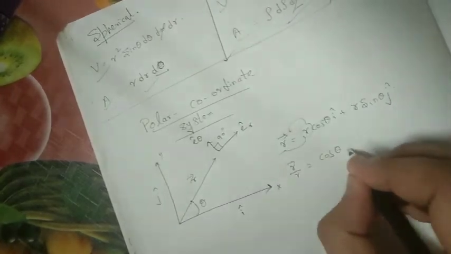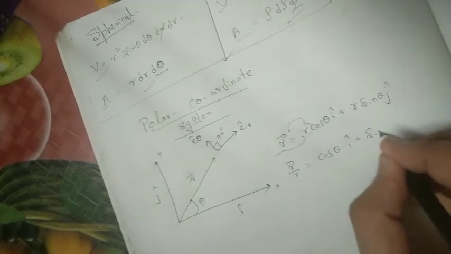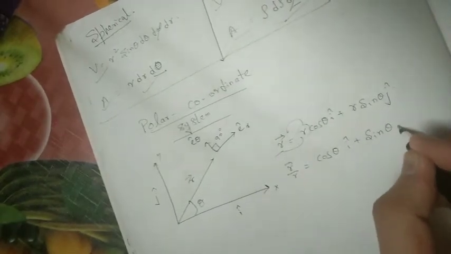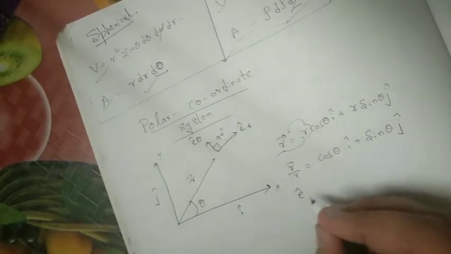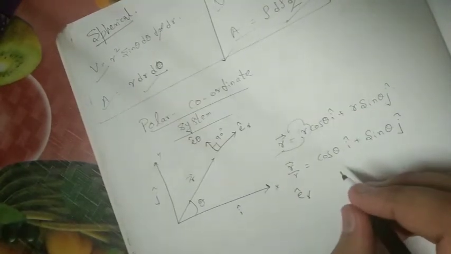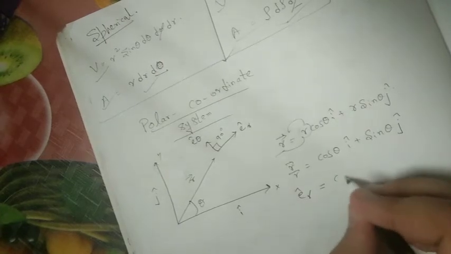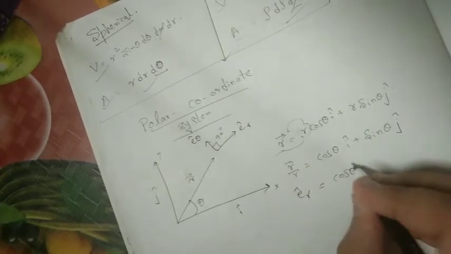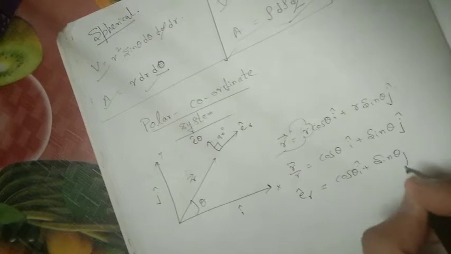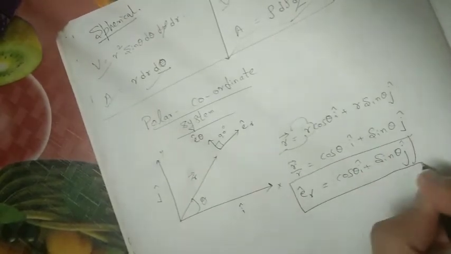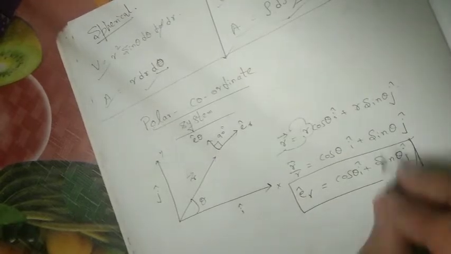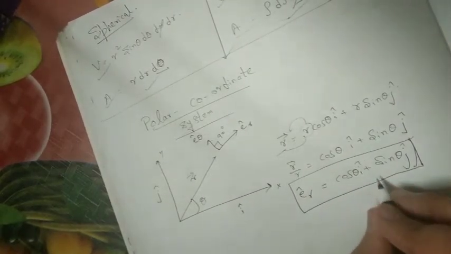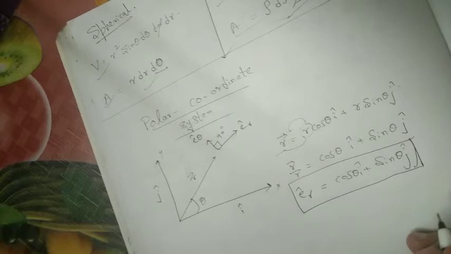So this is cosine of theta i cap plus sine of theta j cap. It is e cap r. So we can write e cap r as cosine of theta i cap plus sine of theta j cap.